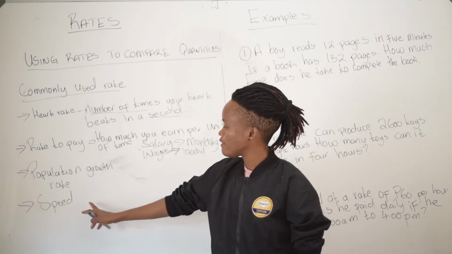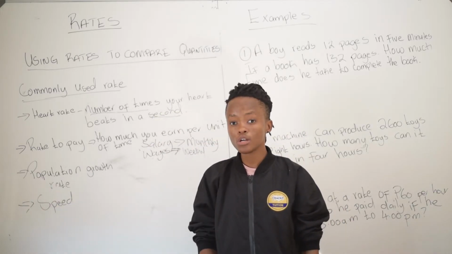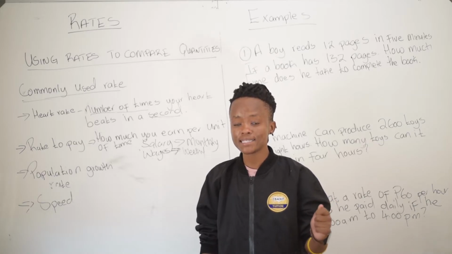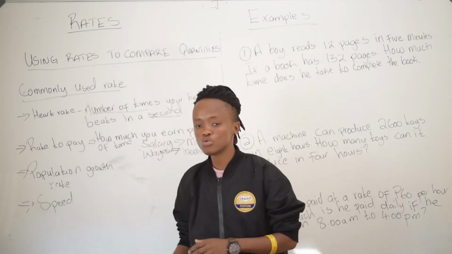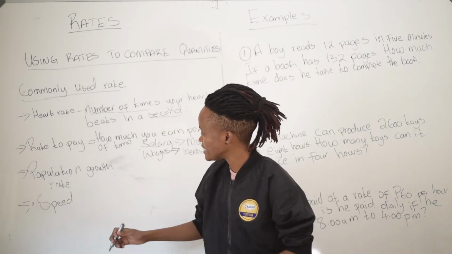The next one we have is speed. When you talk about speed, you are looking at the distance and the time. So we are comparing how much you covered, looking at the time.